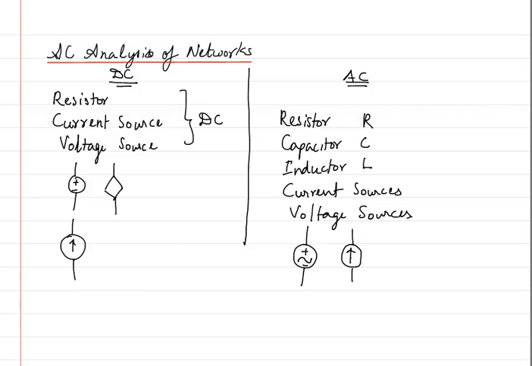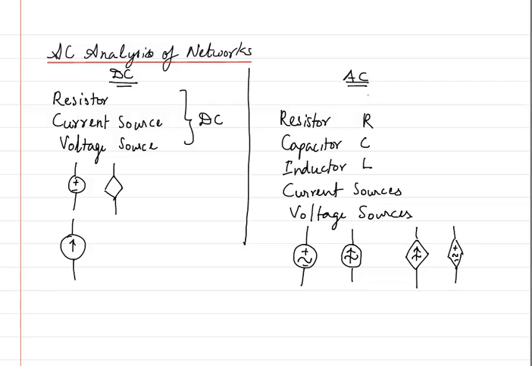But in AC, we would draw it with a sine wave in between. Same is the case with dependent sources. If there is a current source, we will draw a sinusoidal wave in between to specify the AC nature.